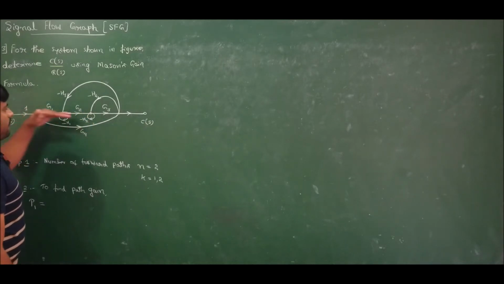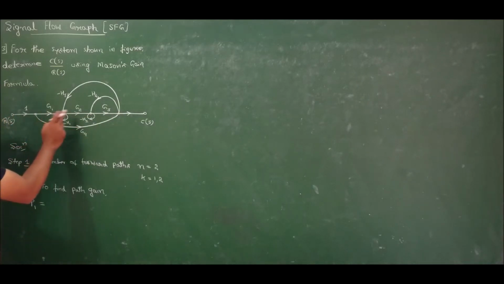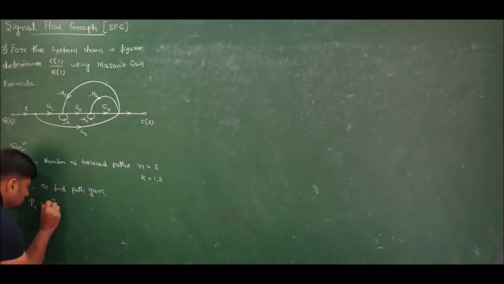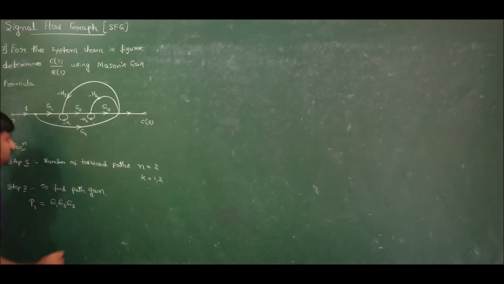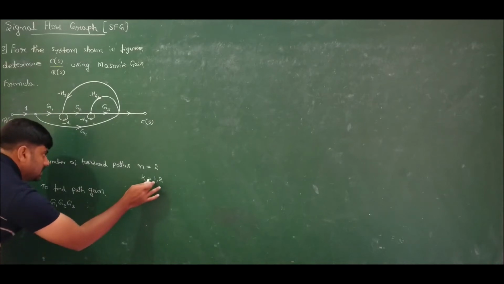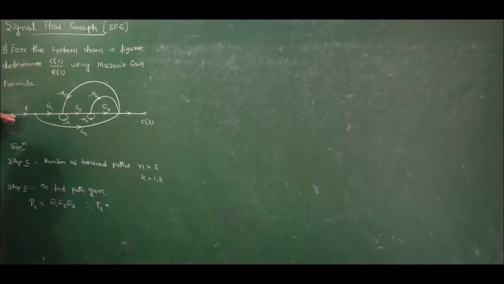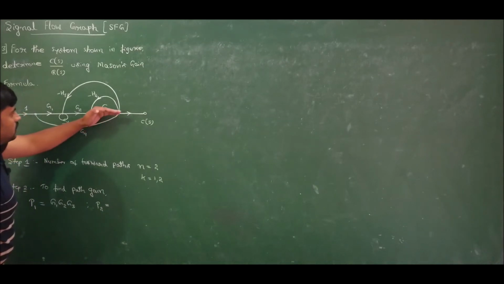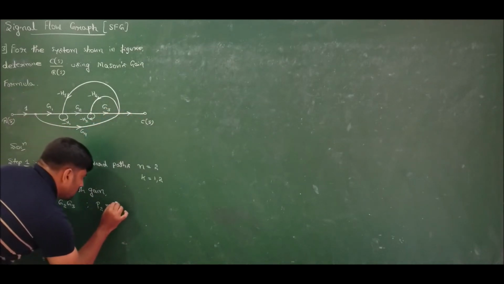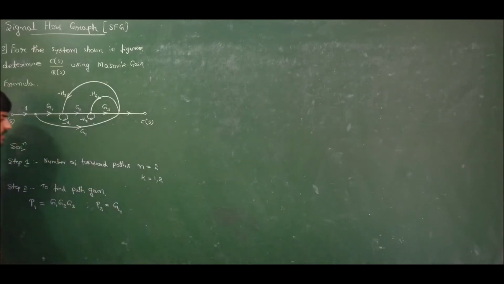So the path gain of path 1 is g1 g2 g3. Now for k equal to 2, path 2, the path gain will be 1 into g4, that's it. So the path gain is just g4. This completes step 2.